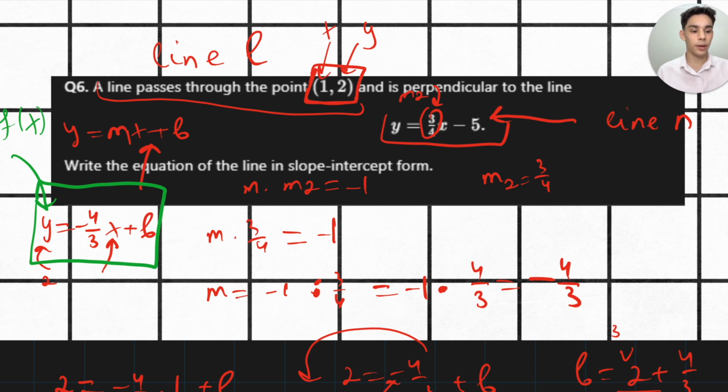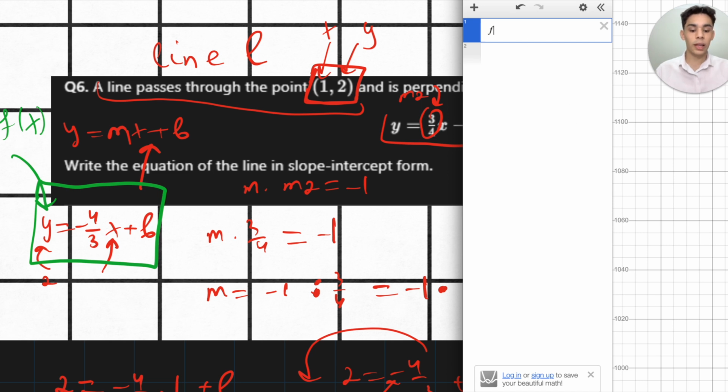Let me show you why. So let me again open Desmos. When I write with f of x, let me just write my function. So negative 4 over 3 x plus b. Instead of b, I will just write 7 to demonstrate.